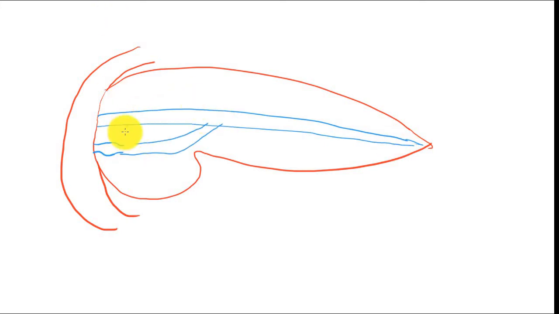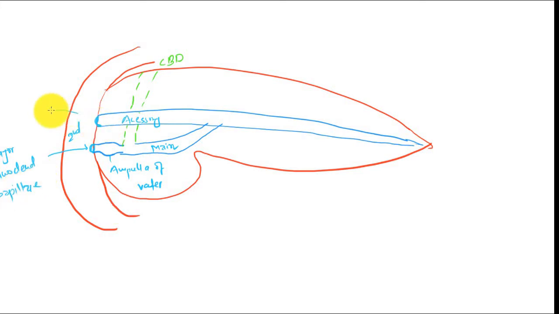So the duct of the ventral bud and the distal part of the duct of the dorsal bud make the main pancreatic duct, and the proximal part of the dorsal duct makes the accessory pancreatic duct. This is the ampulla of Vater, and it opens into the second part of the duodenum as the major duodenal papilla. The accessory duct opens as the minor duodenal papilla.